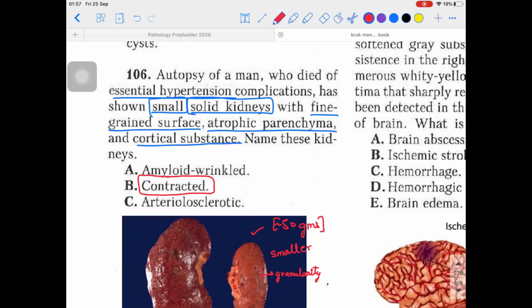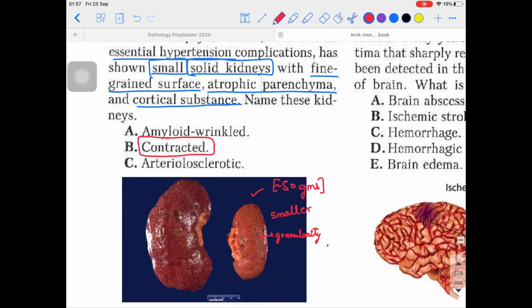Sometimes it can be unilateral, sometimes bilateral. But if they're talking about bilateral kidney involvement, then most of the time this is involvement of chronic glomerulonephritis, so keep that in mind as well. And in chronic glomerulonephritis, if these kind of changes appear, we call them secondary shrinkage of kidneys. So keep that in mind as well.